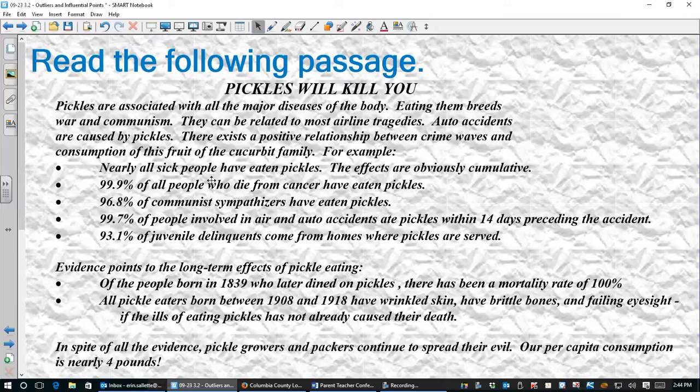Make sure you pay attention to what is going on and how they are concluding the fact that the consumption of pickles causes death. And we will discuss that as well as finish the following example, the one after it, in class. And we will see you on Monday.